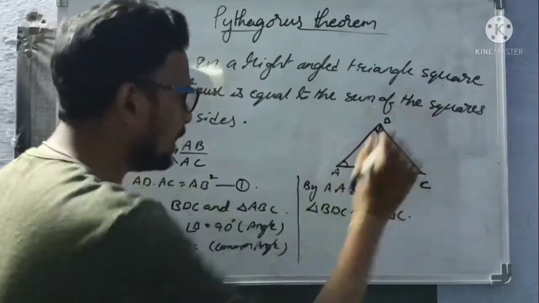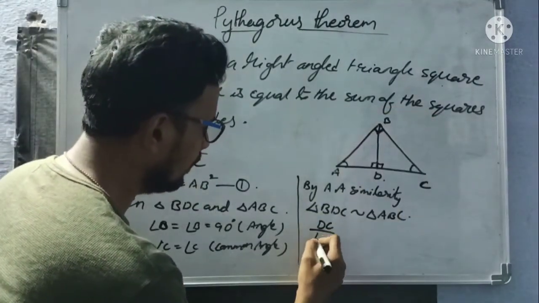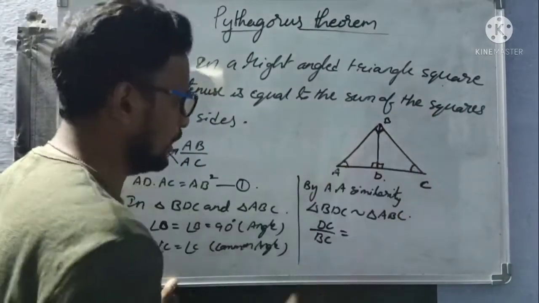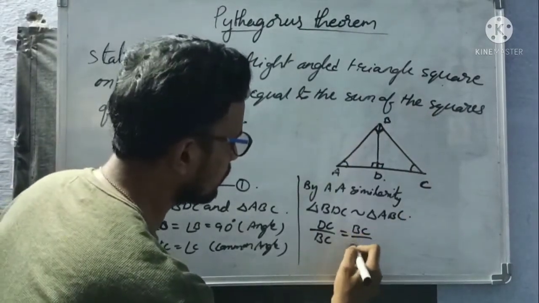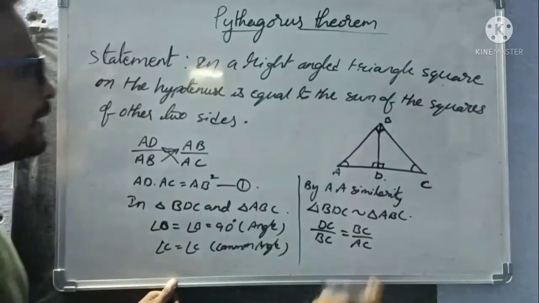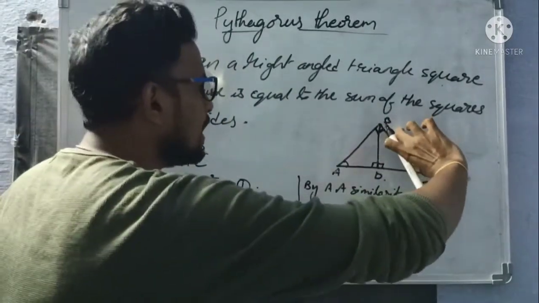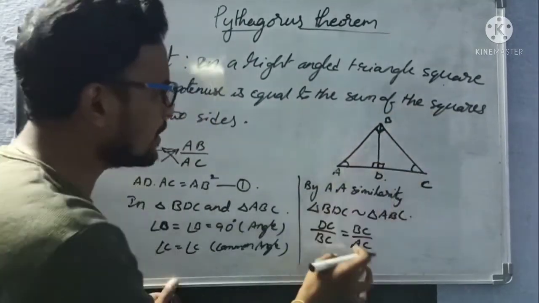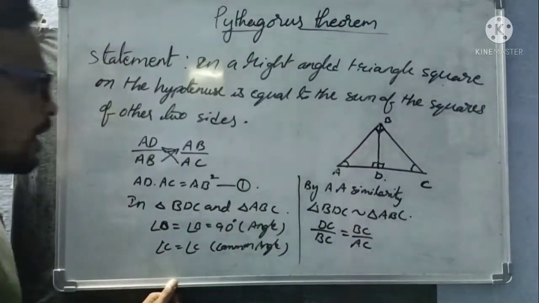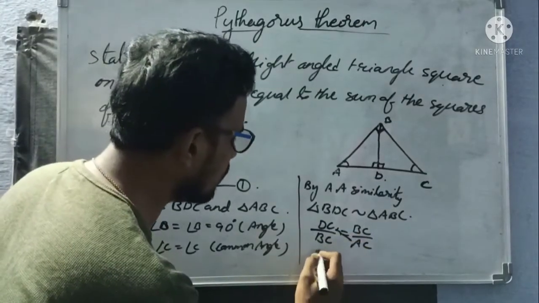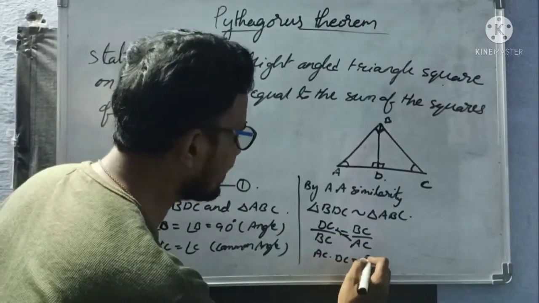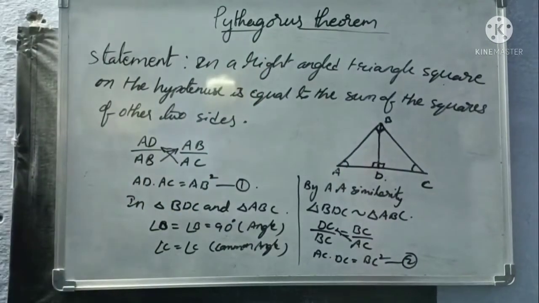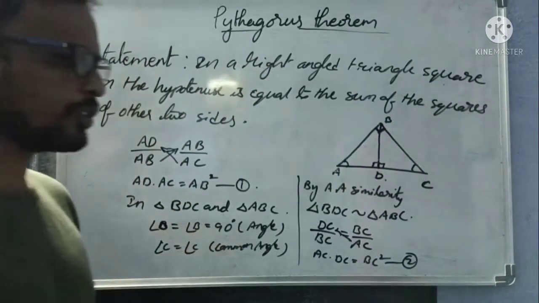DC by BC is equal to BC by AC. So DC is the base and BC is the hypotenuse. In the same way, BC is the base and AC is the hypotenuse. Both are equal. So now here also AC into DC is equal to BC into BC, which is BC square. Right? This is equation 2. Up to here everybody understood now?